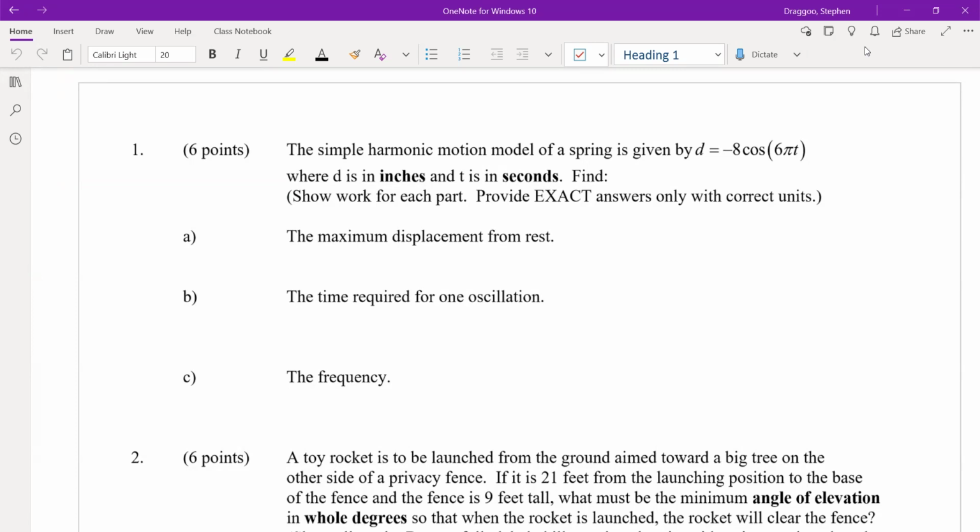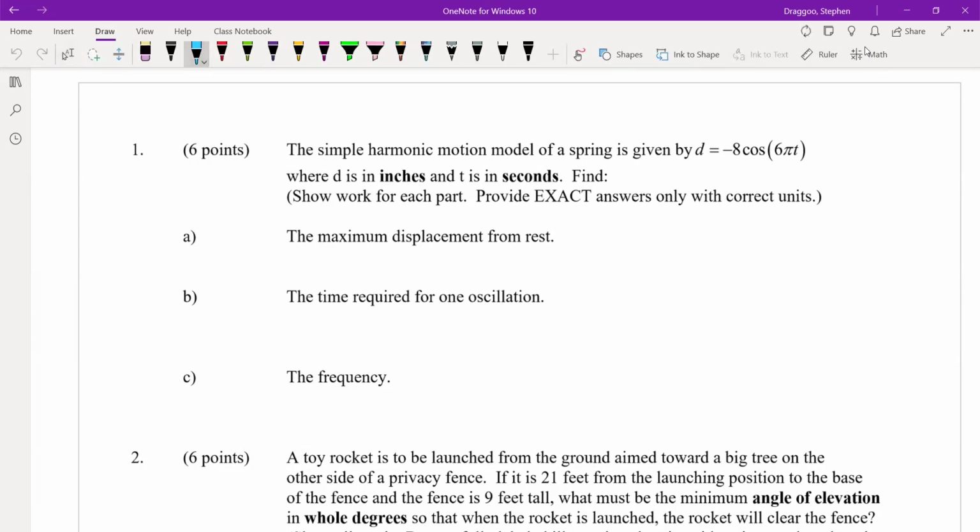So to kick things off, part A asks us for the maximum displacement of the object. And don't forget that the maximum displacement is just a different way of asking for the amplitude. So over here, I need to pay attention to that -8.